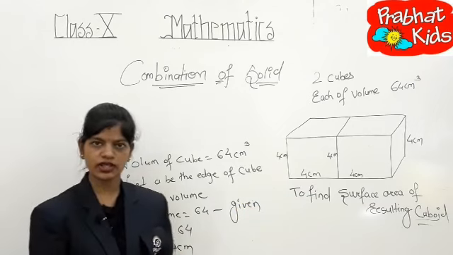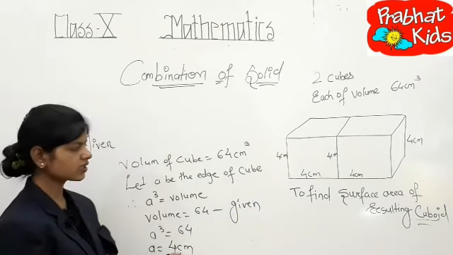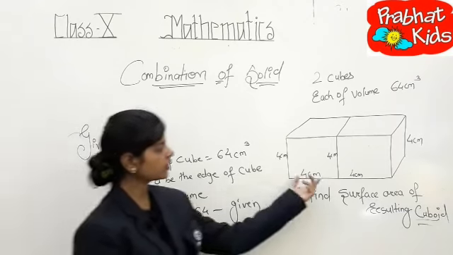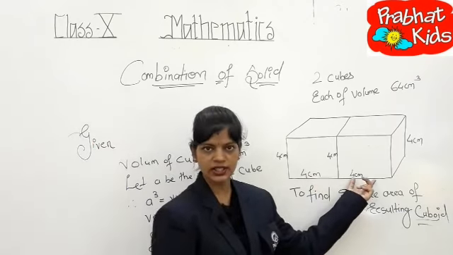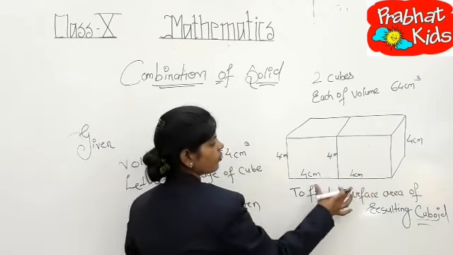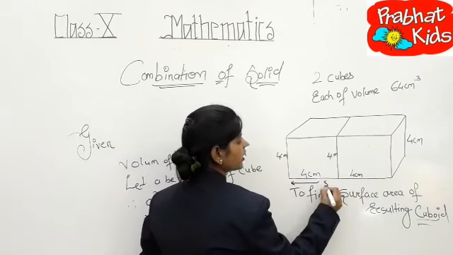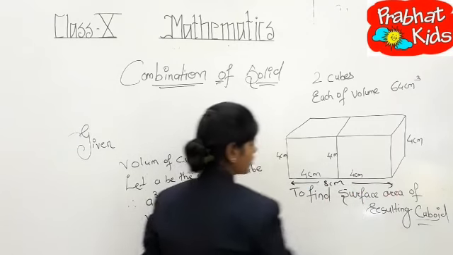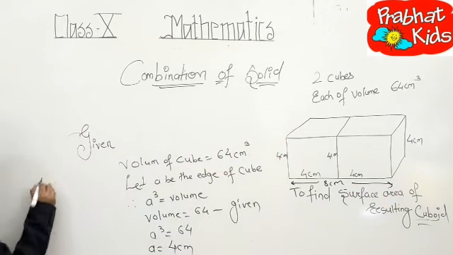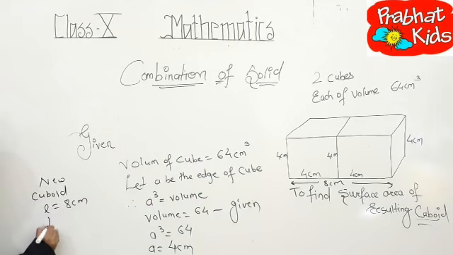We have found the edge, that is 4 centimeter. Two cubes combine to form a cuboid, so the total length will be 8 centimeter. The new cuboid has length 8 centimeter, breadth 4 centimeter, height 4 centimeter.